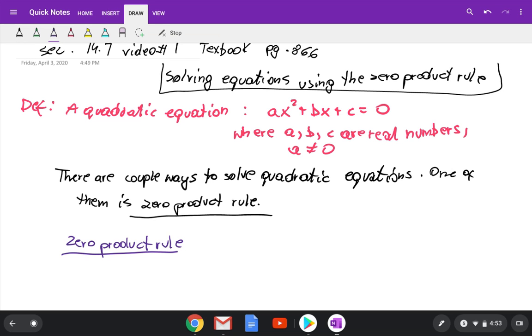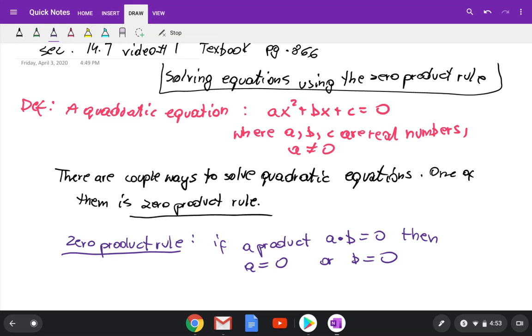Okay, I'm pretty sure that you've been using that rule already. If the product a times b equals 0, so we have a product, a and b factors, then we're solving two equations. That means a has to be 0 or b has to be 0.